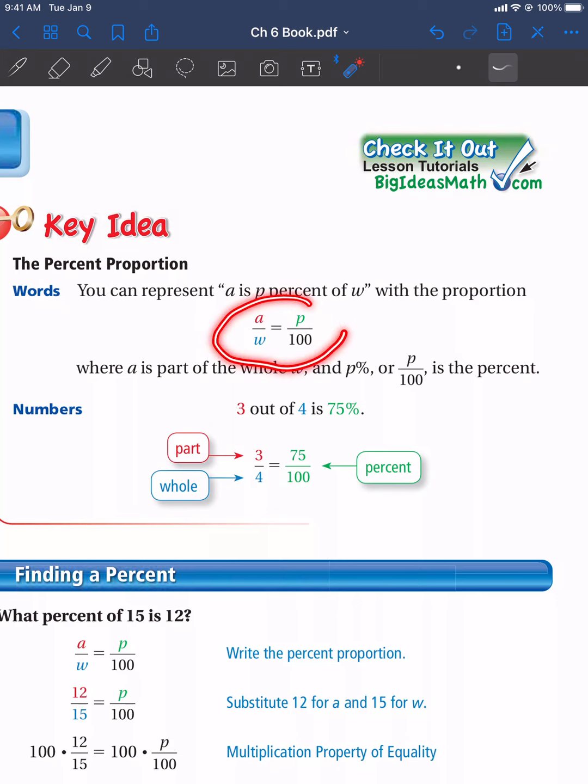They're just showing you how you would solve it, okay? So don't worry too much about this, but I do want you to know this is a percent, this is the part, and this is the whole. You can take the part over the whole and set it equal to the percent. They changed the percent, though, into a fraction, not a decimal.